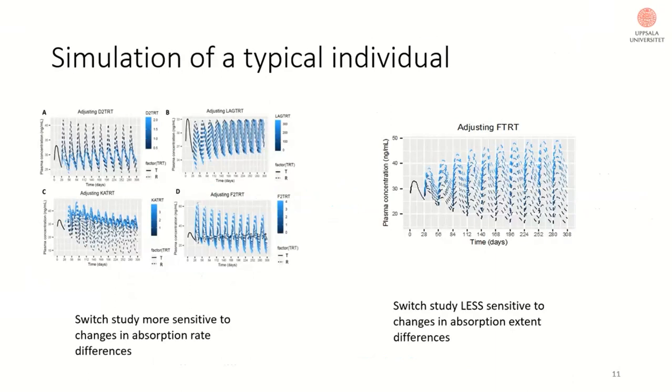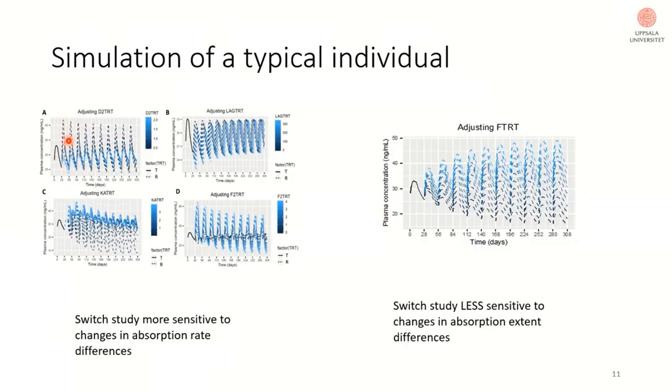Now, if you take a model for example, paliperidone, this is paliperidone 1 month dosing, what you can see is that when you simulate the typical individual at steady state, this is a black solid line here, and then you change, in this case, we're changing absorption rate parameters in the model to different levels.